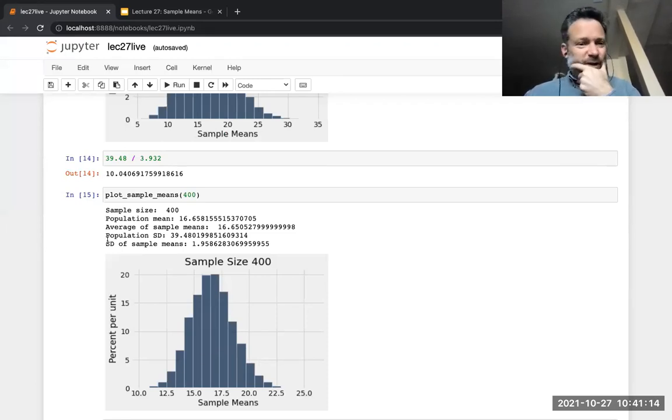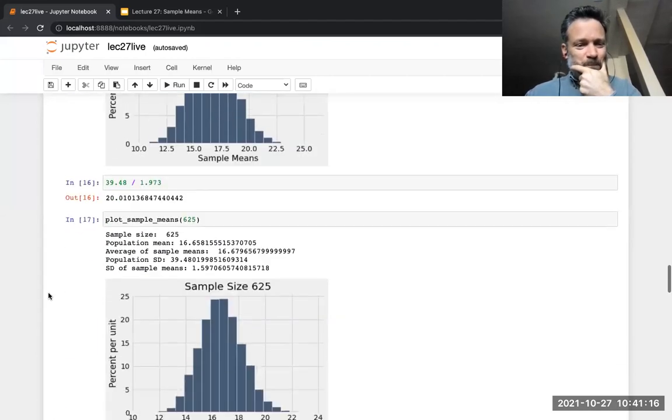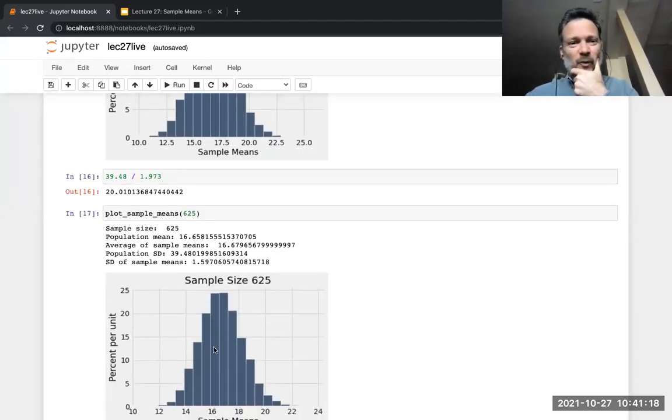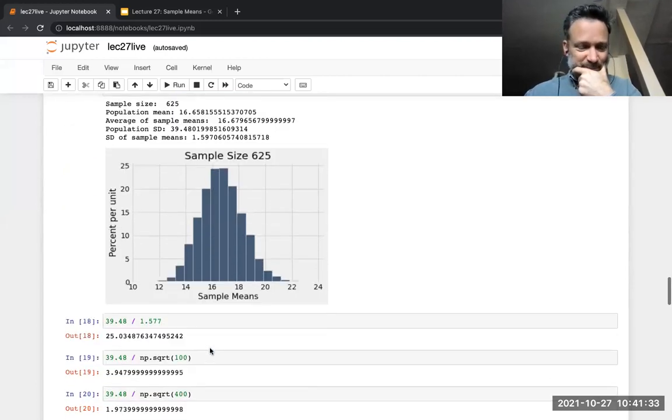I'm showing you here how the width of this curve varies based on the sample size. It might not look any narrower because the graphing has changed the x-axis, but here it got even narrower still. The SD of the sample means went down to a little under 1.6.